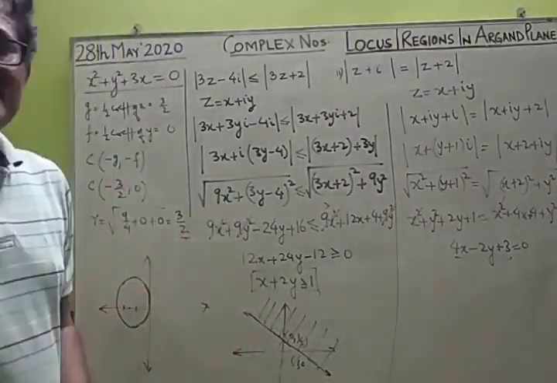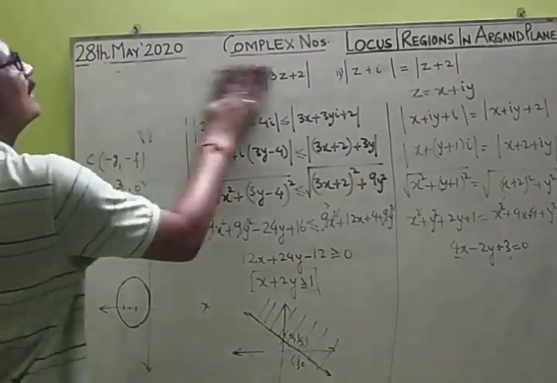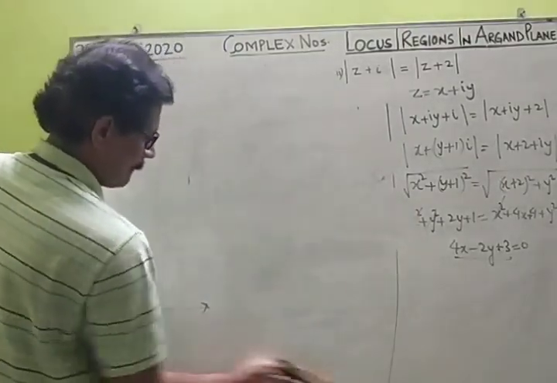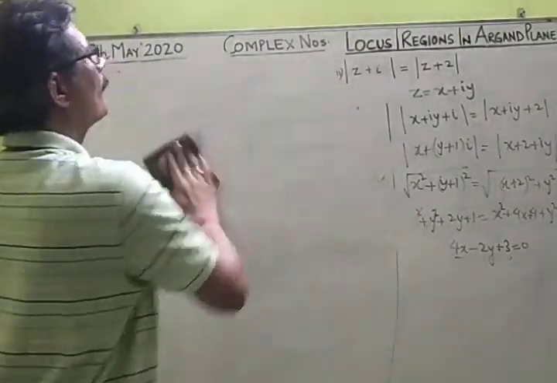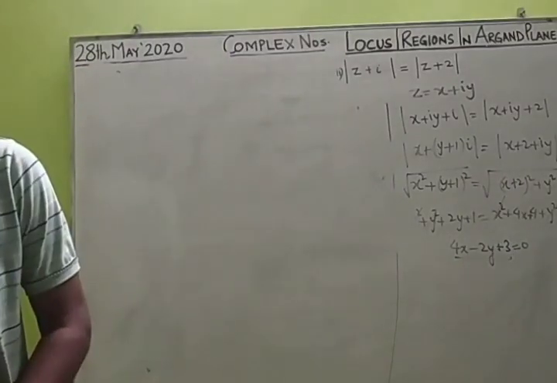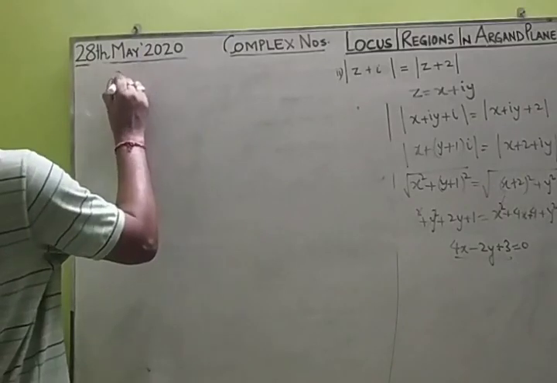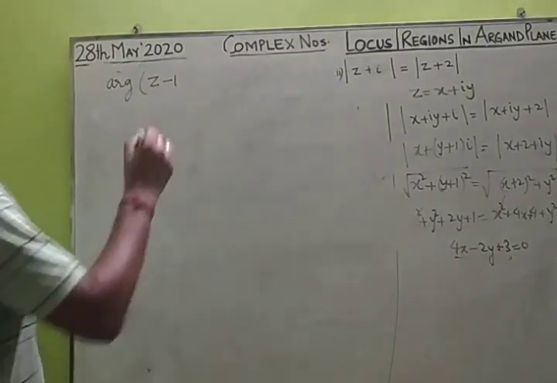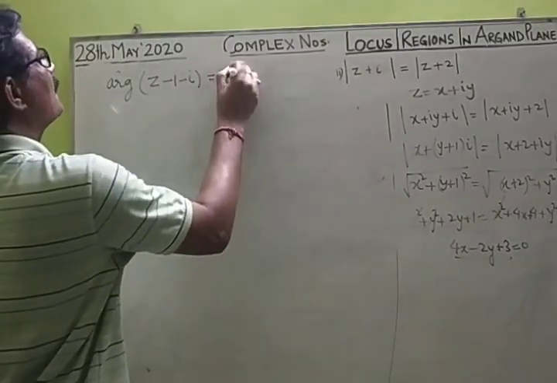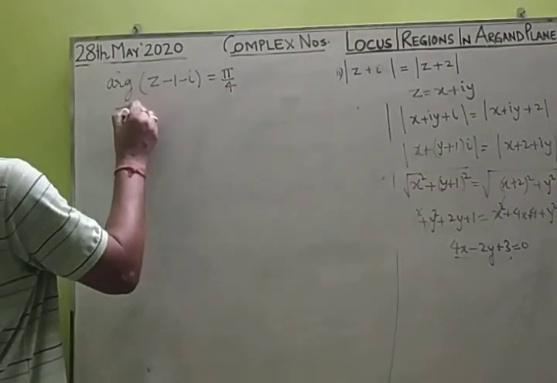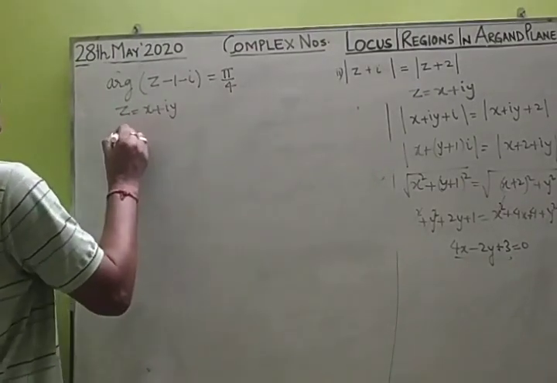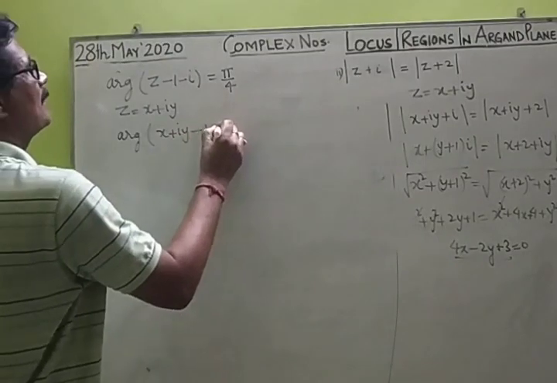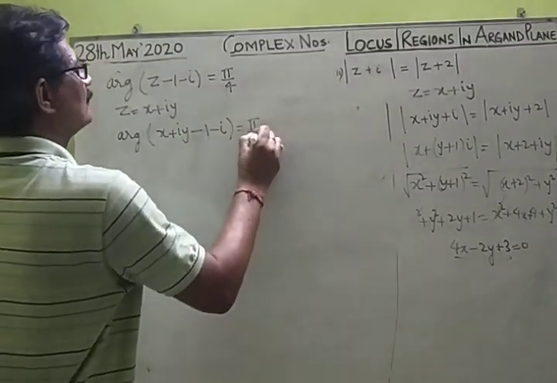Now let us do one sum on argument. When you are given the equation in terms of the argument of a complex number, if you are given argument of z minus 1 minus i is equal to pi by 4, putting z as x plus iy, we get argument of x plus iy minus 1 minus i is equal to pi by 4.